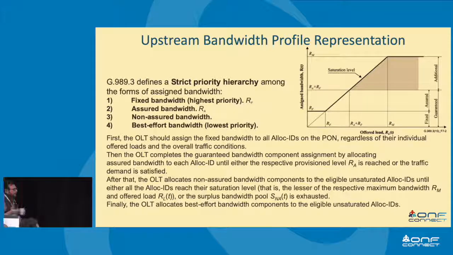So the DBA algorithm is keeping track of demand and available bandwidth, and it allocates grants to alloc IDs on the PON, and it can allocate up to the max defined for the service, and it's all priority based on this ordering here.